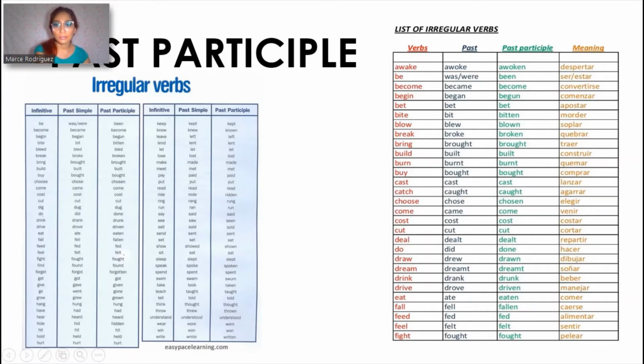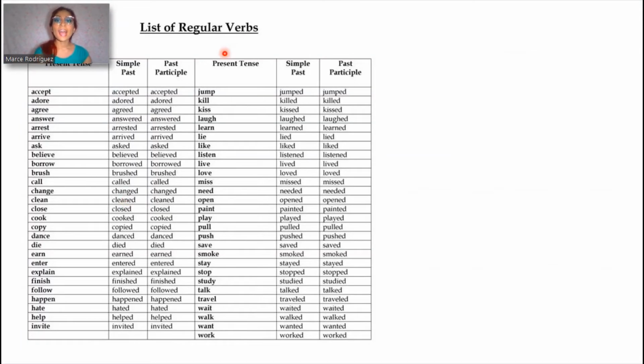They change the forms from past simple to past participle, and the regular verbs are the ones that stay the same from the simple past to the past participle.